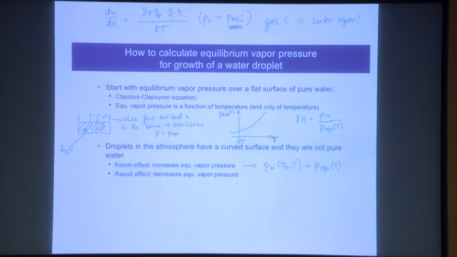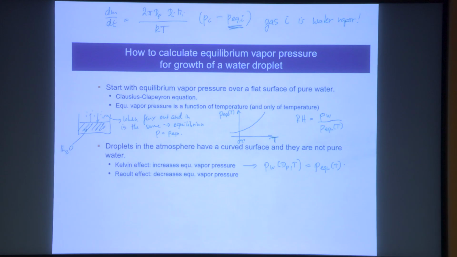And then, do you know what happens? What do we have to do? We have to now multiply with a term. Does anyone know roughly speaking what that term contains? We multiply by an exponential. So if you have a small droplet that has a large curvature, to keep that in equilibrium, you need to increase the surrounding vapor pressure, right?